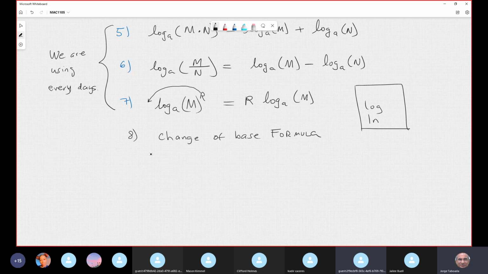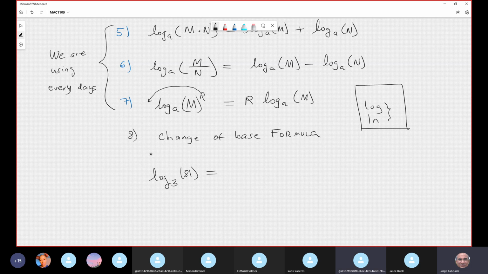Suppose I want to compute, for example, logarithm of base 3 of 81 using the calculator. In most calculators, we have no non-standard base. We have 2 standard bases only.